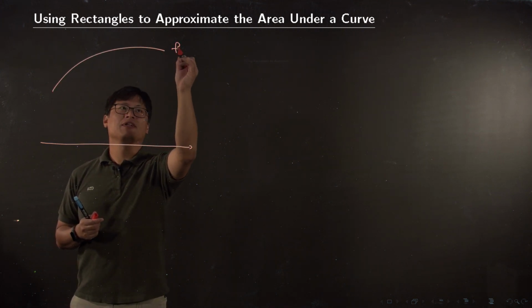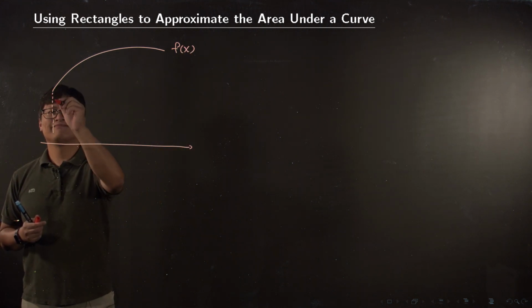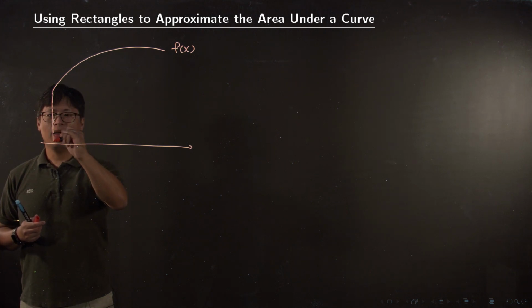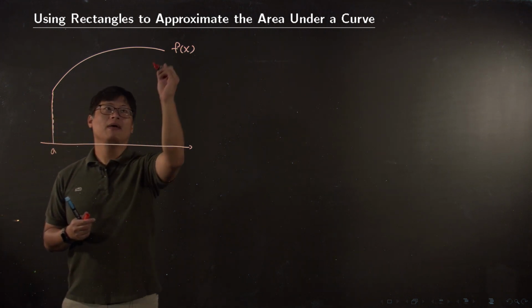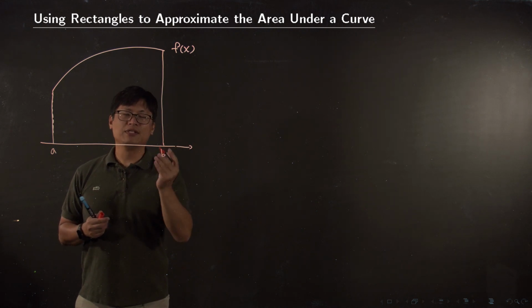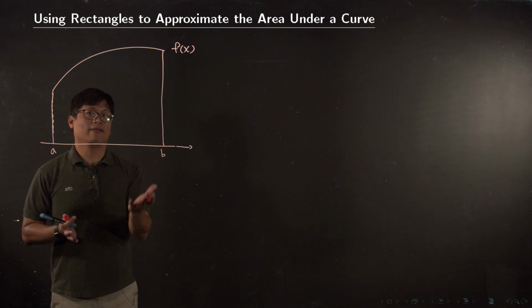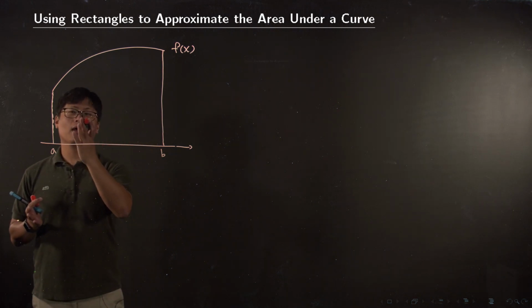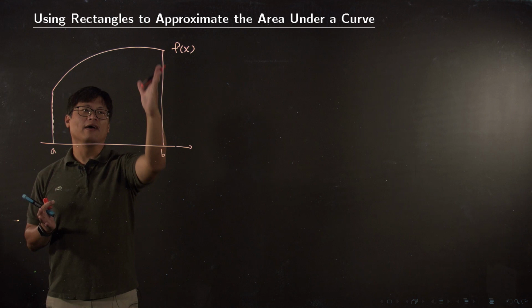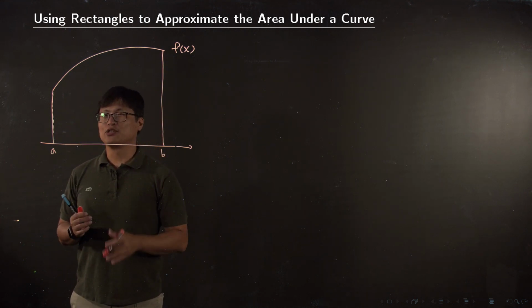Let's say this is function f of x, and we would like to talk about the area under the curve from A to B. This is my target. Now, there's no way to calculate or measure the exact area under this curve, but we know how we can approximate this value.